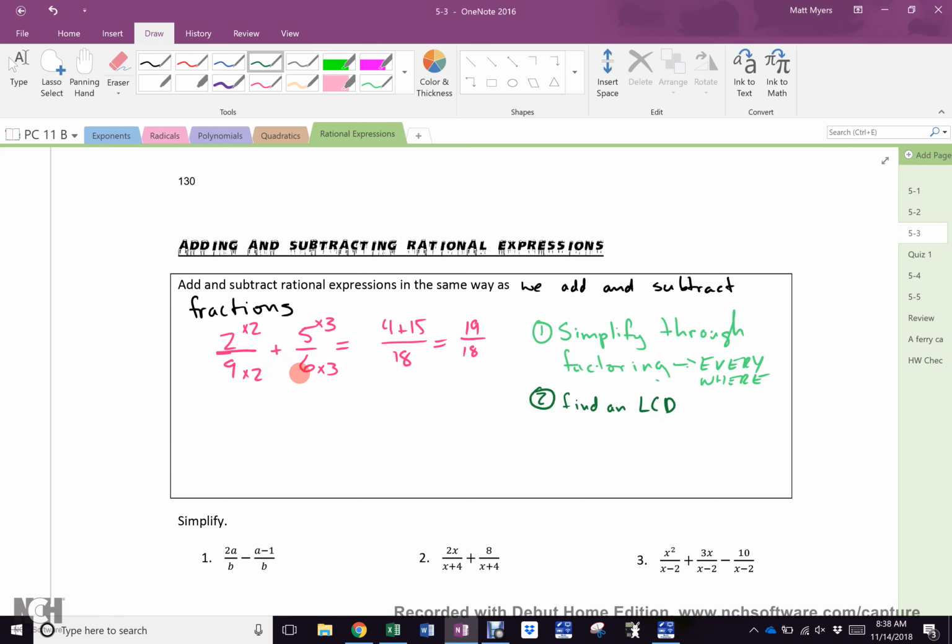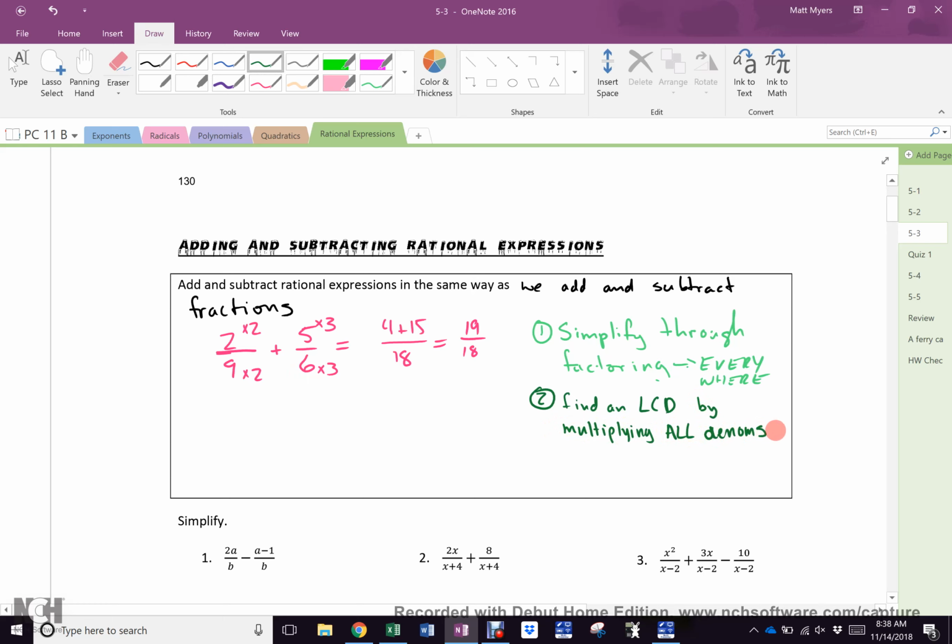Because we could have done this with 54, right? So if that's the easiest way to do this, what do you think you should do when it's complicated? Make it simple. Find an LCD by multiplying all denominators. But there's a trick.